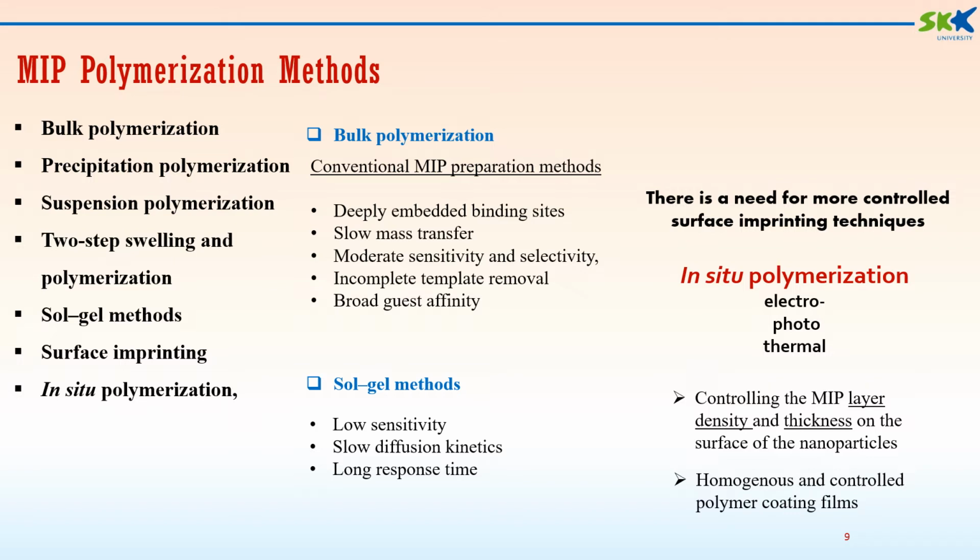In my opinion, in situ polymerization has some advantages over bulk polymerization, sol-gel methods, and even suspension polymerization, because with in situ polymerization, like electrophotothermal in situ polymerization, we could control the layer thickness and the layer density on the surface of the nanoparticles.